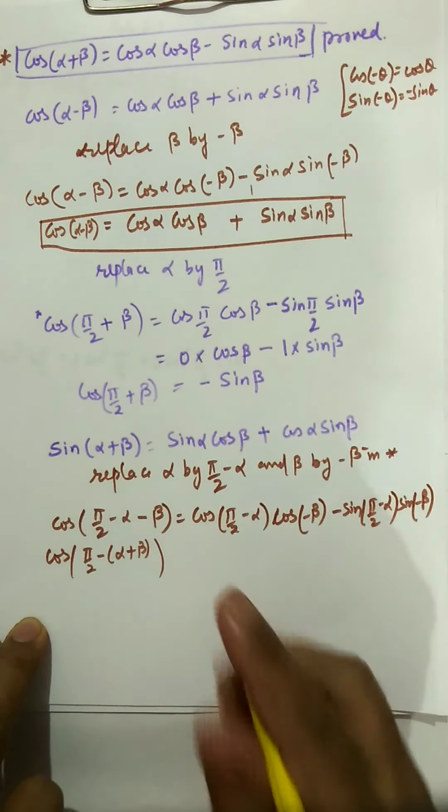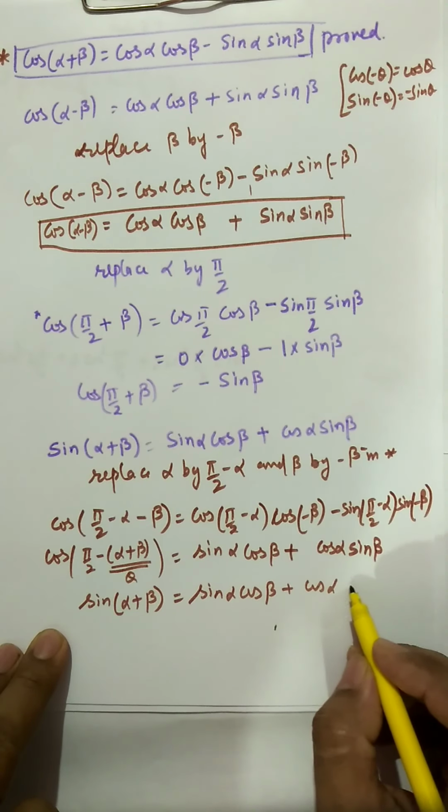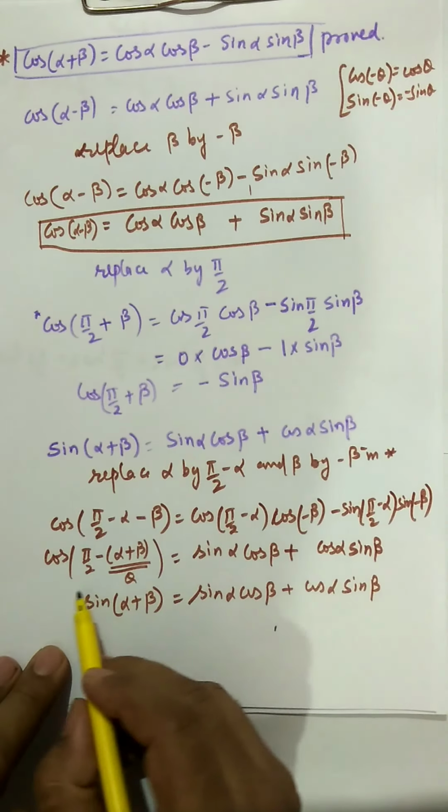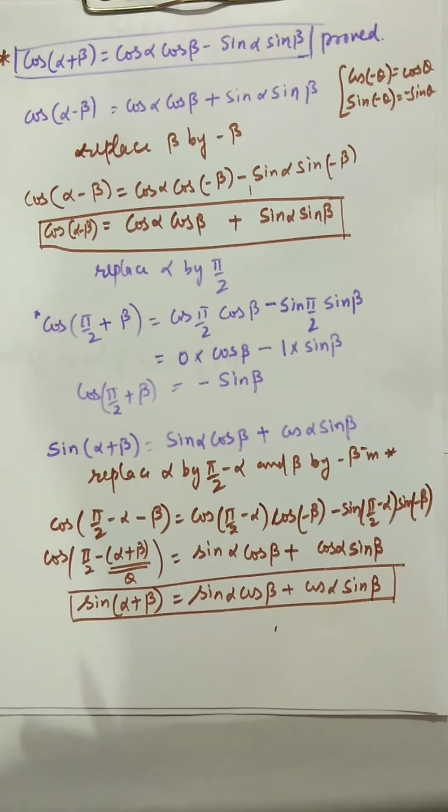So we have got the RHS that we wanted to prove. Now this cos pi by 2 minus theta, you consider this complete one as theta, so pi by 2, that is 90, minus theta is sine theta, so sine theta will be alpha plus beta, and this is now sine alpha cos beta plus cos alpha sine beta. So this formula we have proved.